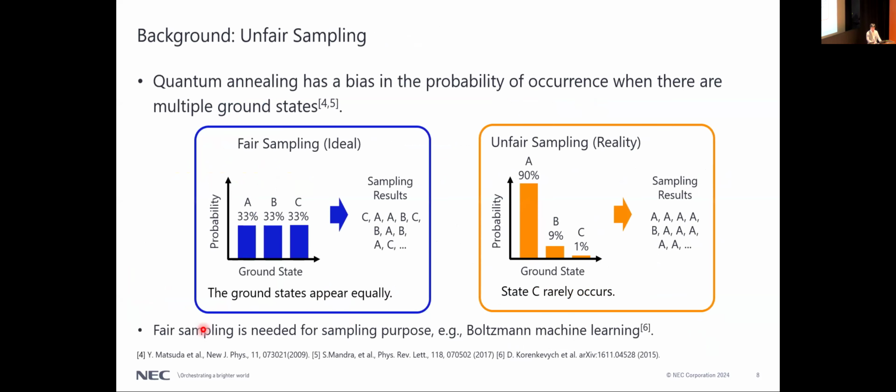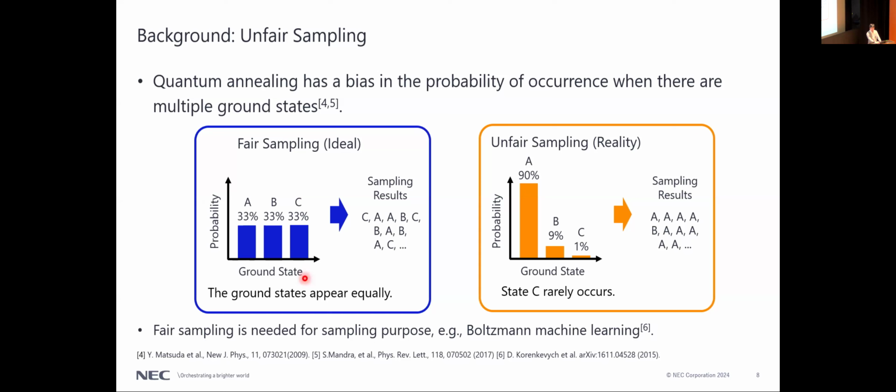We will focus on the unfair sampling in this presentation. When there are multiple ground states, it is known that there is a bias in the probability of obtaining the ground state, and some ground states are more likely to appear than others. Let me explain this by an example of 3 ground states.